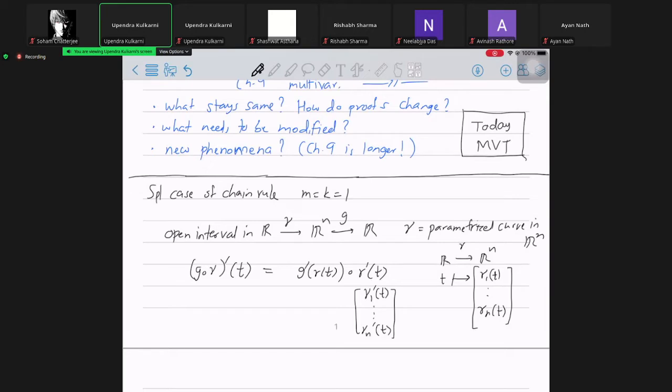In other words, the matrix of G prime is going to be just a row matrix. What is this matrix going to be? So let's write this down here. G prime of anything. Let's make a letter over here: G prime of Y. What is the matrix of that?